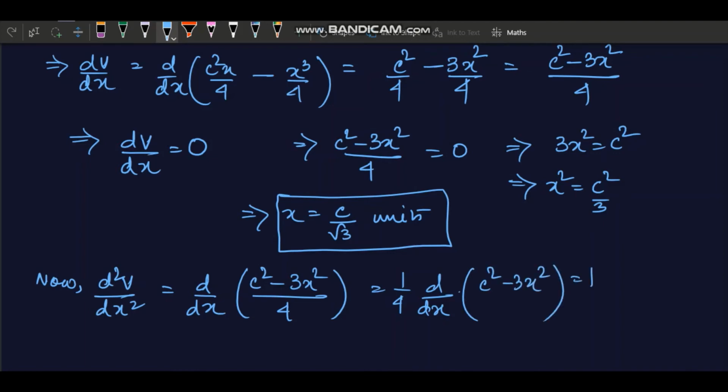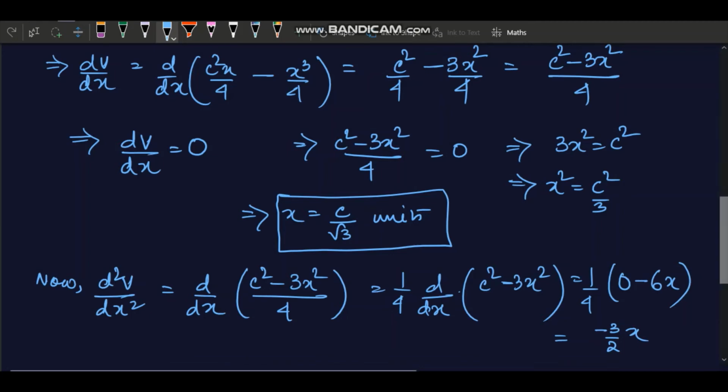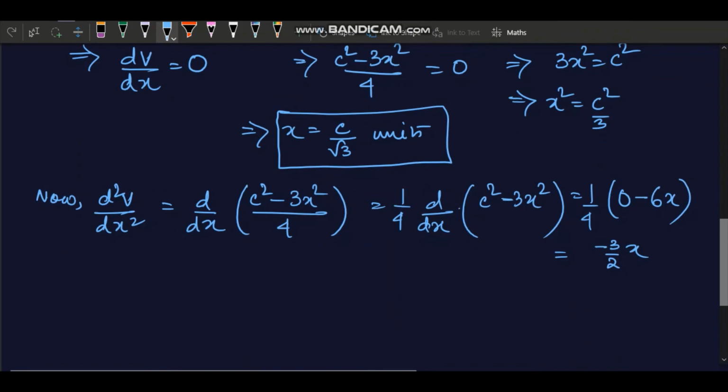Now derivative of c² is obviously 0. Why? Because it is a constant, and derivative of 3x² gives us 6x. Because of this minus sign, we have −6x. So you see that we are getting −3/2 x. So whatever be the value of x, since x is positive, the second order derivative is going to be negative.